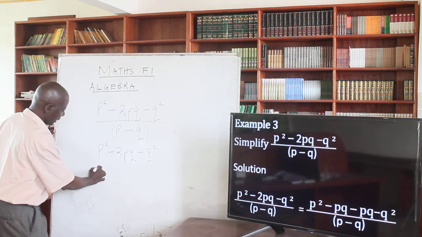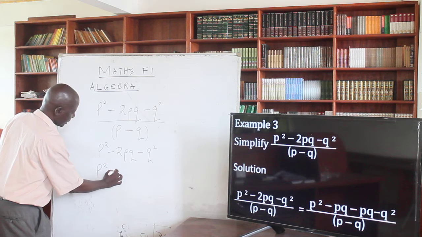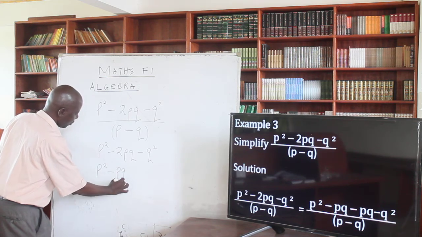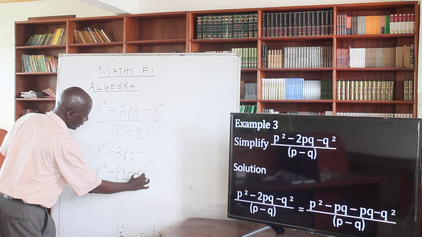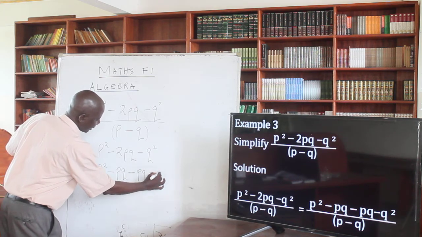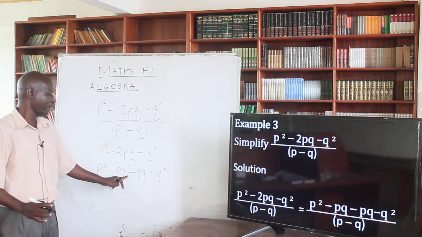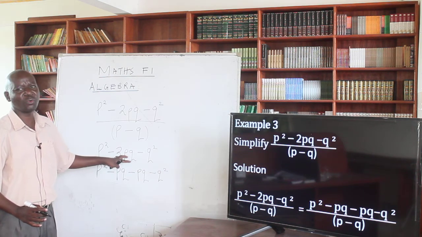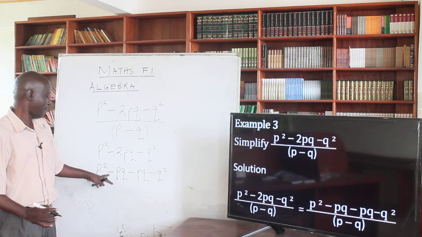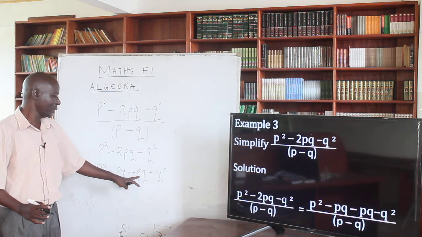So it becomes something like this: P squared minus PQ minus another PQ, then minus Q squared.